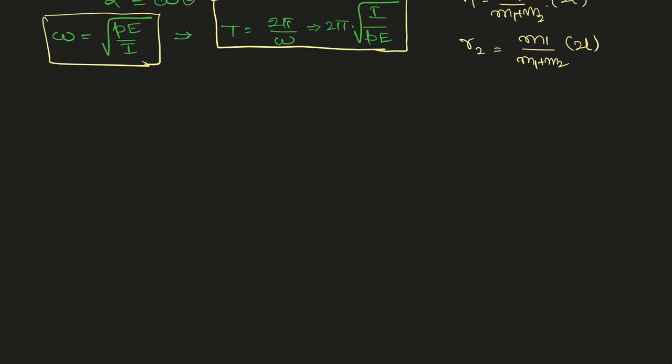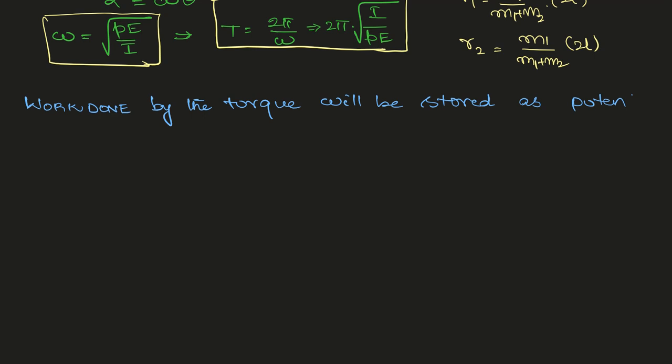Now, next we'll have one more interesting point. As it is rotating due to the torque acting by the electric field, the work done by the torque will be stored as potential energy.